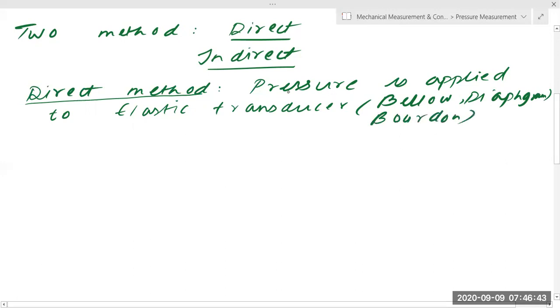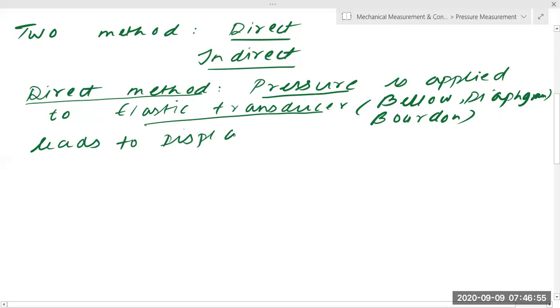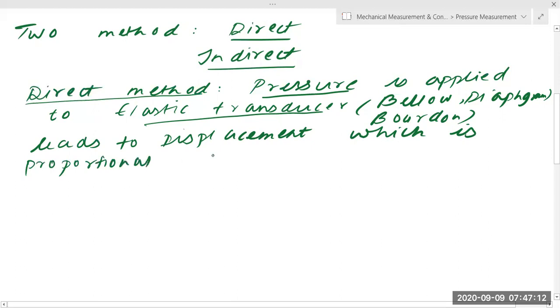So whenever pressure is applied to an elastic transducer, it leads to displacement, which is actually proportional to the pressure measured.